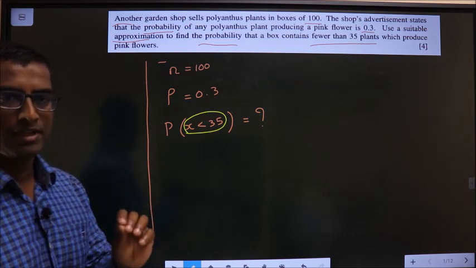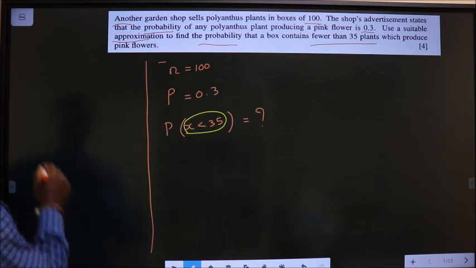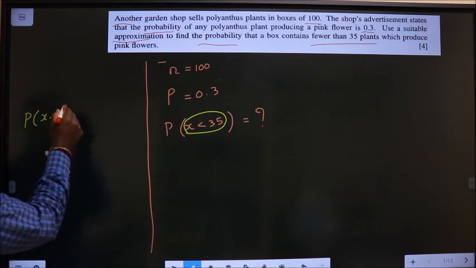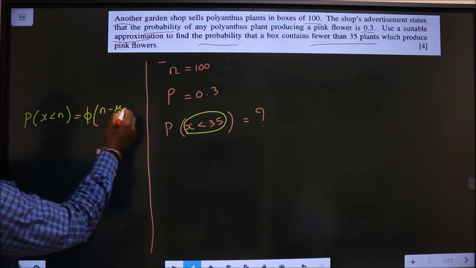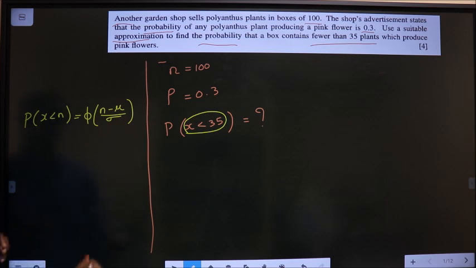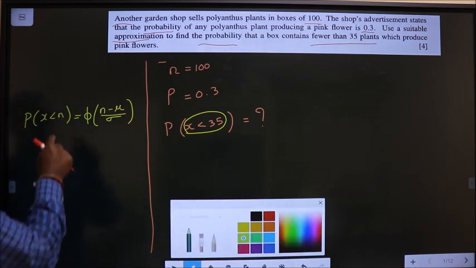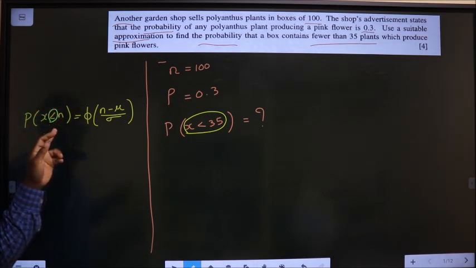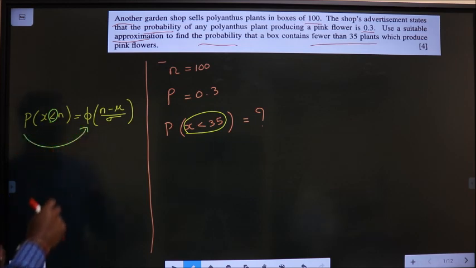In every normal distribution question, we should make use of this: P of x less than n is nothing but phi of (n minus mean) by standard deviation. Here you should look out for the symbol. The symbol has to be less than, only then P will get converted to phi.